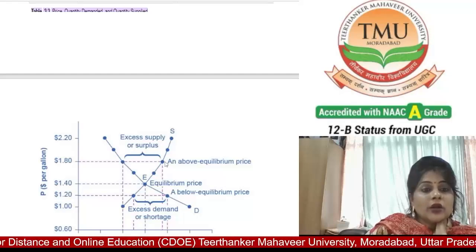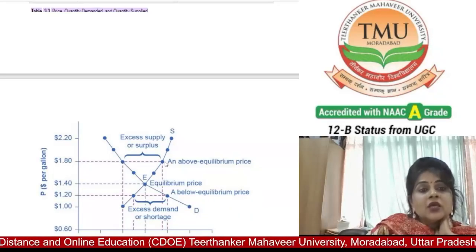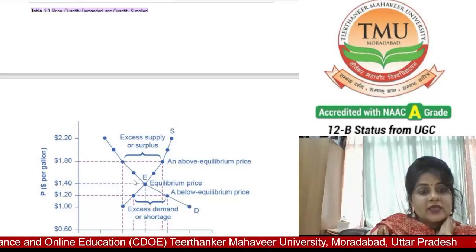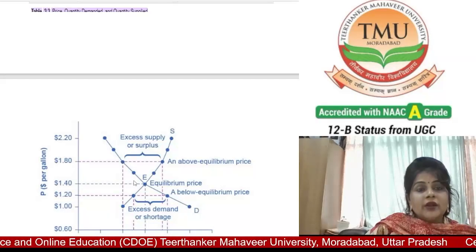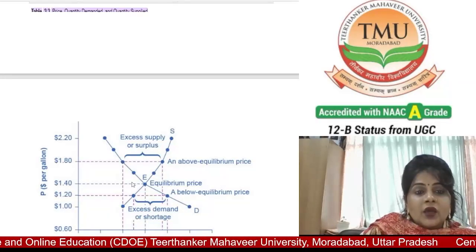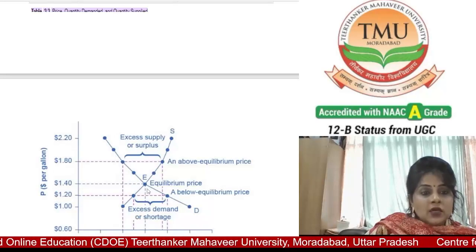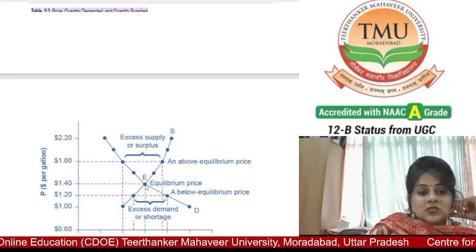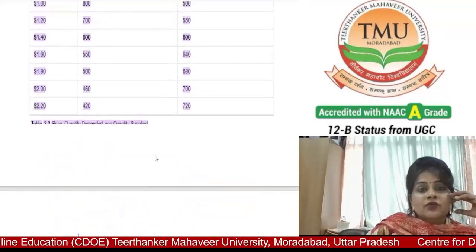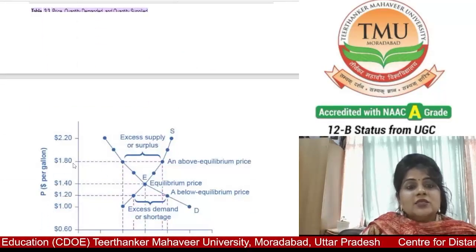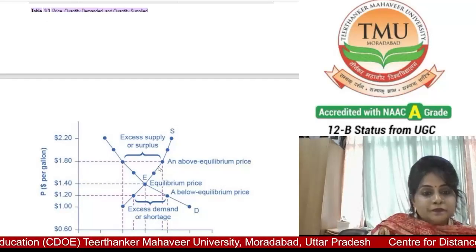Now consider how quantity demanded and quantity supplied are related at this above-equilibrium price. Quantity demanded has fallen to 500 gallons while the quantity supplied has risen to 680 gallons.